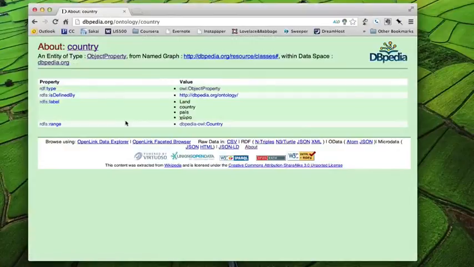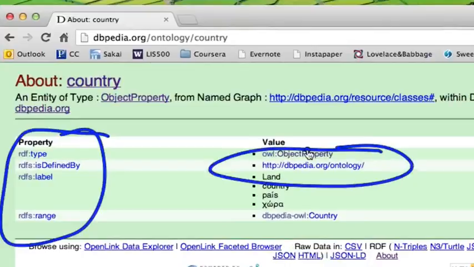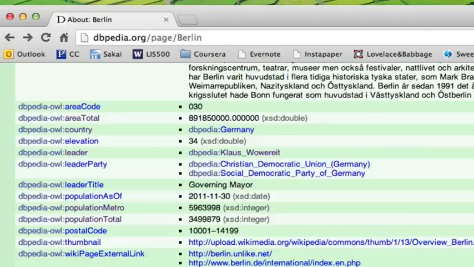So the first thing to notice is that it's declared in RDF and RDFS, and that it is also an entity declared in DBpedia.